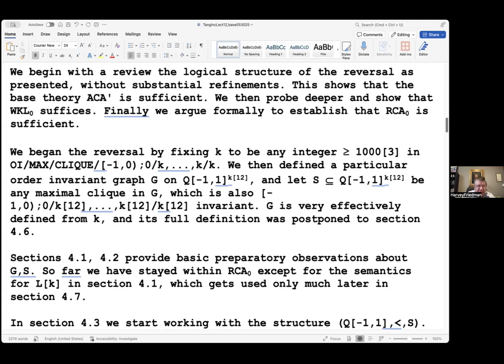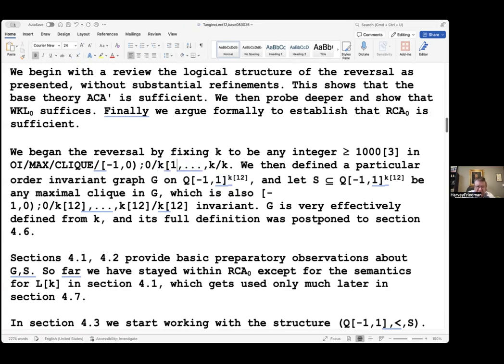We then defined a particular order invariant graph. Maybe I should say it this way.